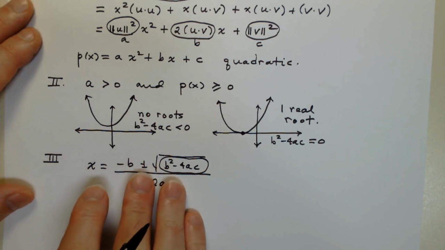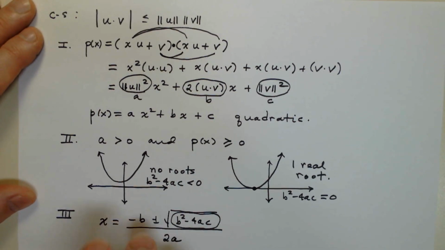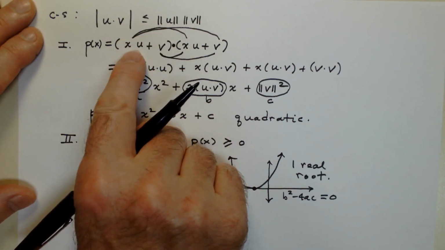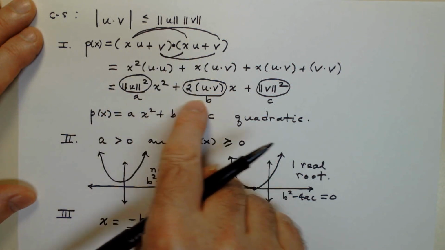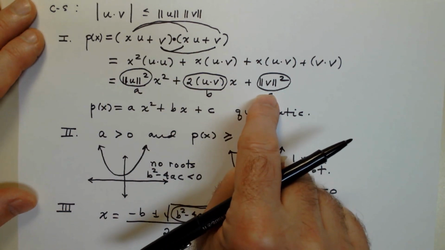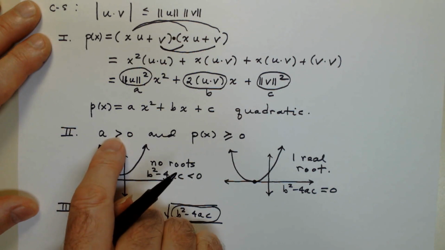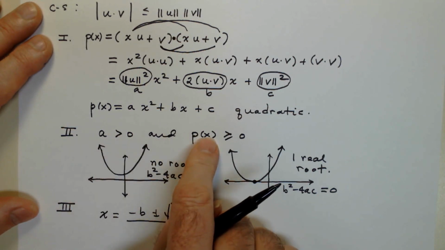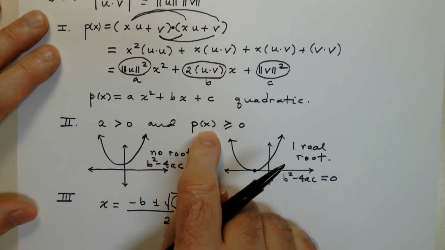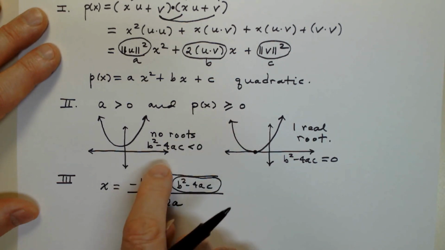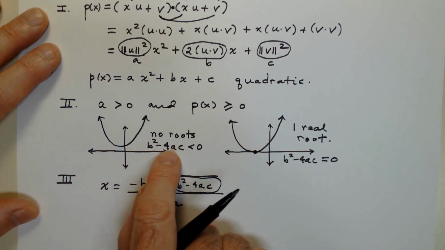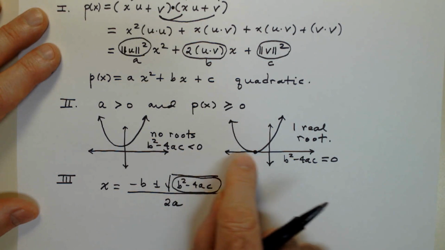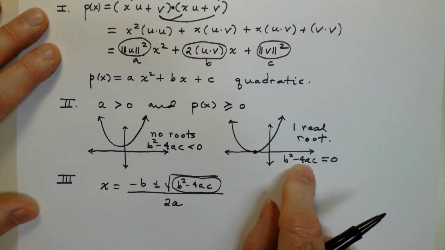So let's go through the argument just to make sure we're keeping this all together, right? When I form this inner product, I get a quadratic function, a quadratic polynomial. The leading coefficient is positive. The polynomial is always bigger than or equal to 0. And as a result, we know that b squared minus 4ac is either negative or at most 0.